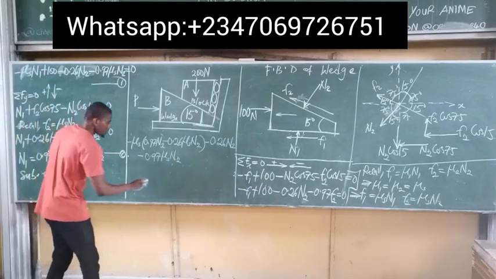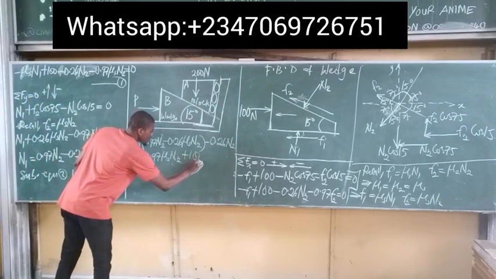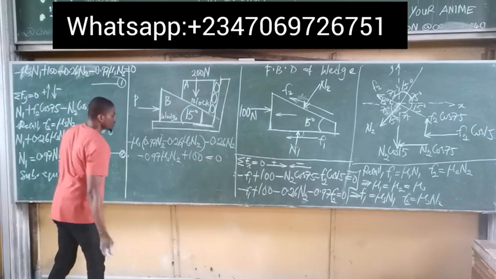There's 100 there, so simply plus 100, and it is equal to 0.